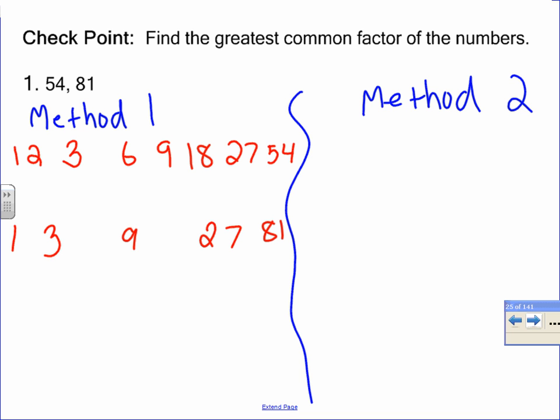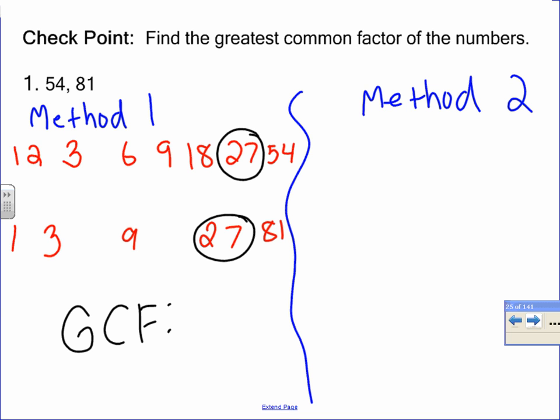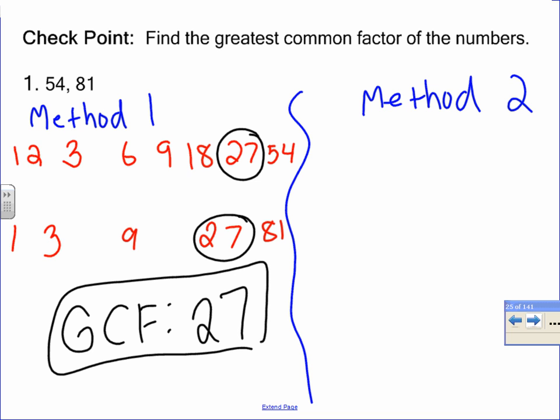You just put one of them in there. All right, GCF. What is the greatest common factor? Briar? Yeah. Nice and easy, right? All right, so using method 1, and don't write these down yet, the GCF would be 27. All right, method 1. Questions on method 1? Okay, method 2.